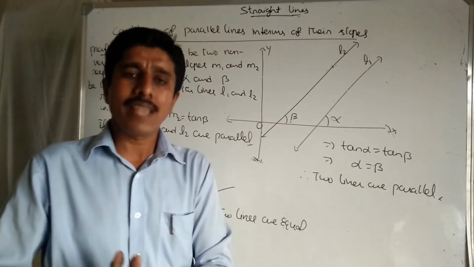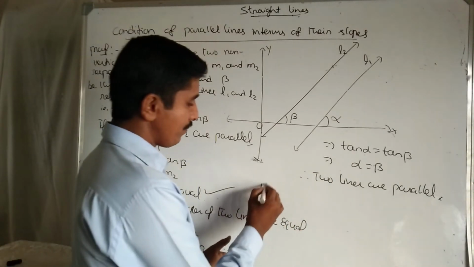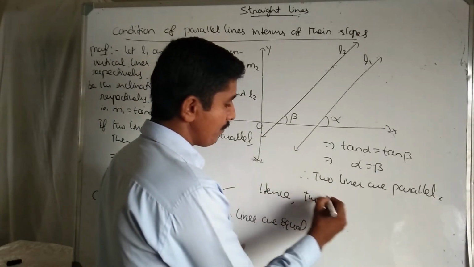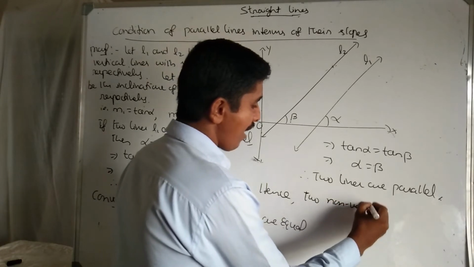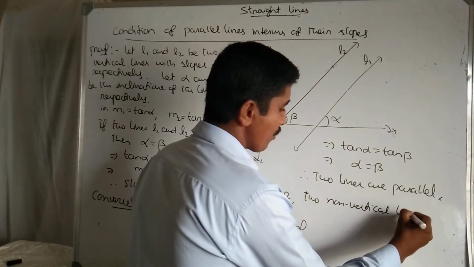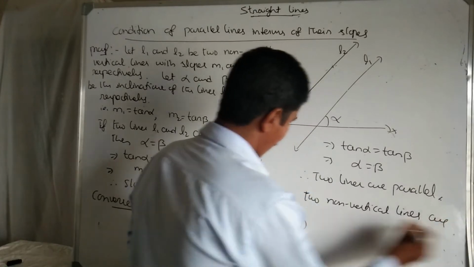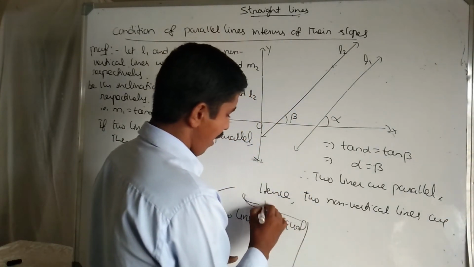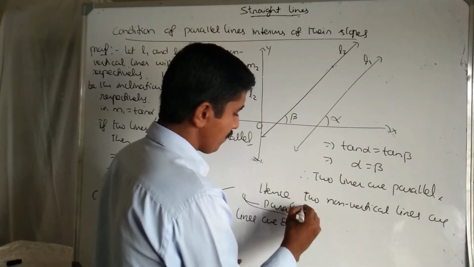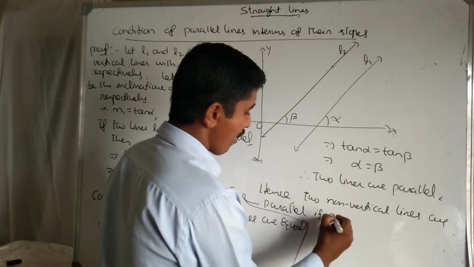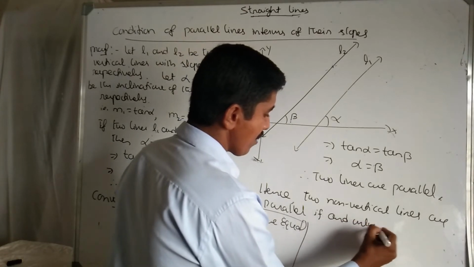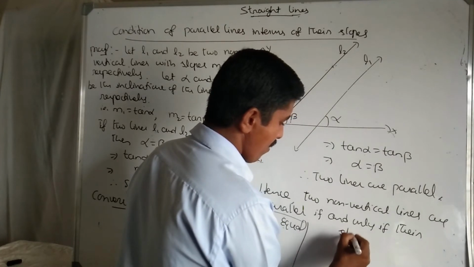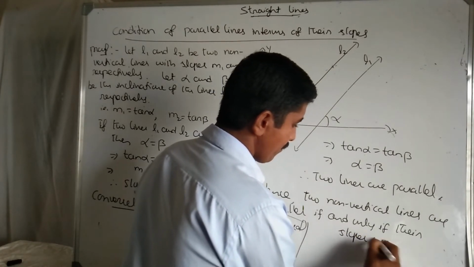Hence finally we can write: two non-vertical lines are parallel if and only if their slopes are equal.